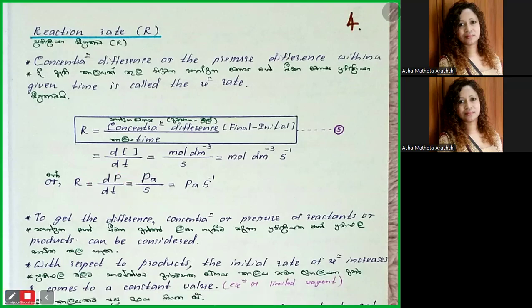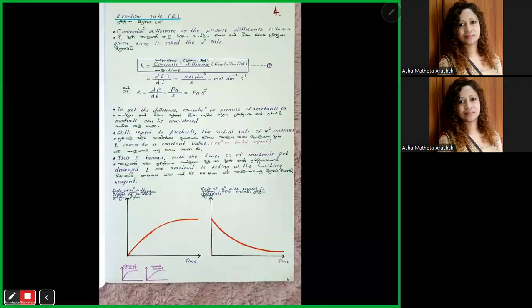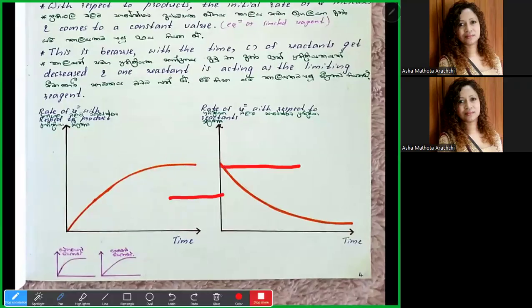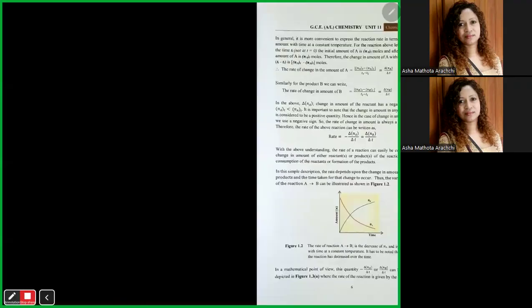The units are always moles per cubic decimeter per second or Pascal per second. With respect to a product, the rate increases with time because the concentration is increasing. For a reactant, the rate decreases with time because the concentration is decreasing.